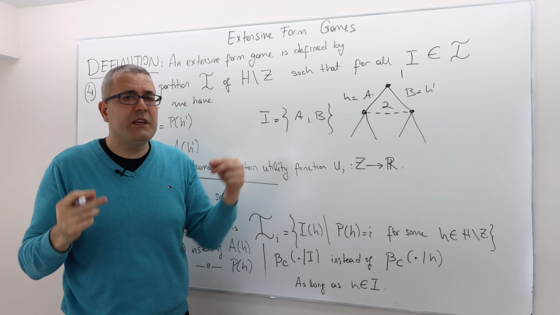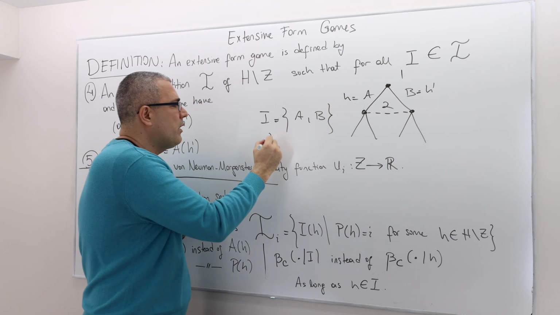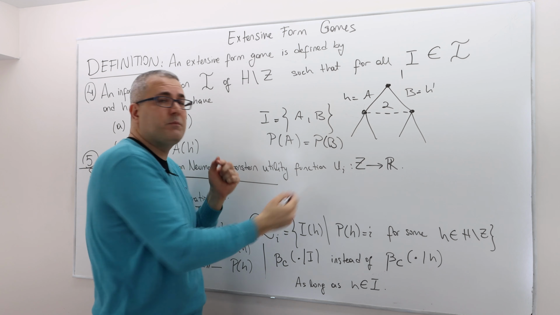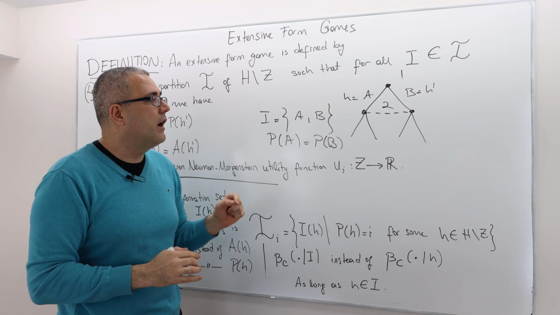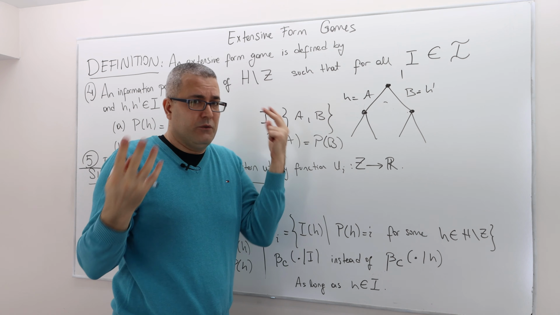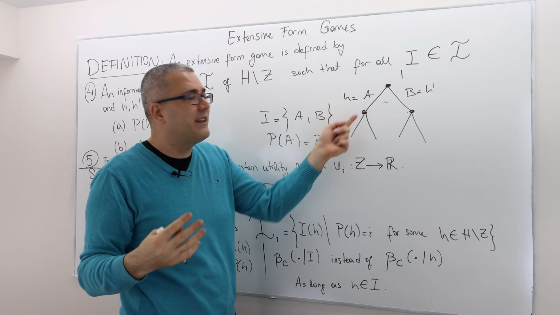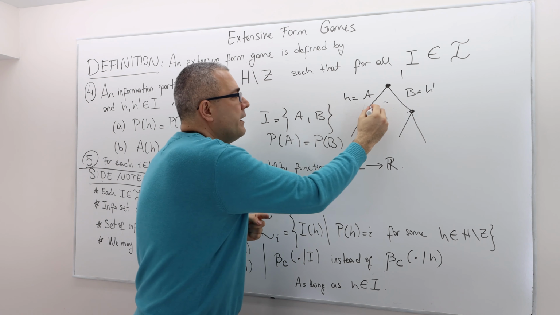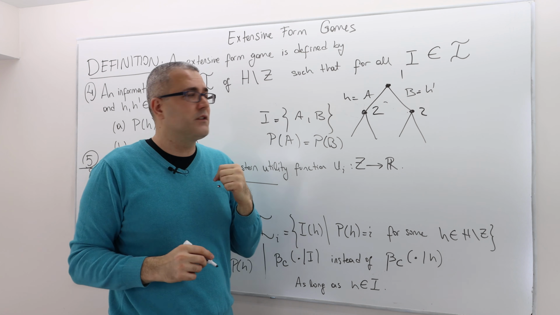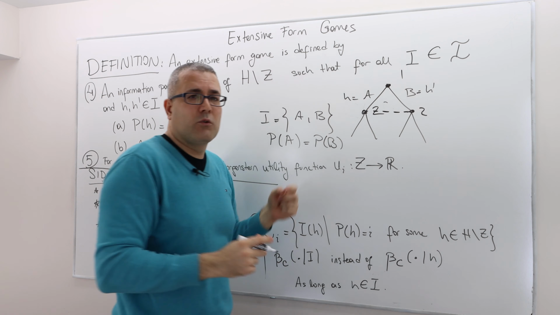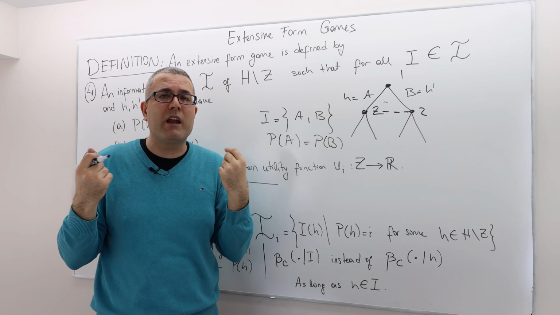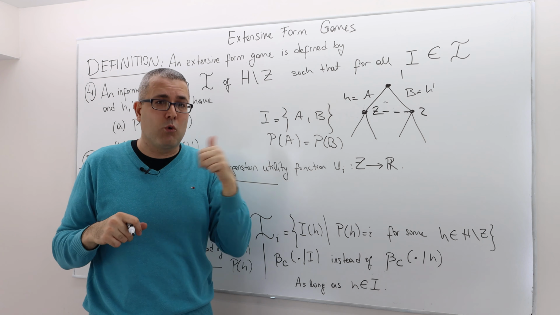Whenever I have these two histories in the same info set, the player who is moving right after A or right after B must be the same player, don't forget. If there's no info set, these could be two different players, obviously, because the player moving here can actually observe the actions chosen previously. But if they are connected in the same info set, that means player 2 cannot distinguish, cannot be aware of whether player 1 has selected A or B.